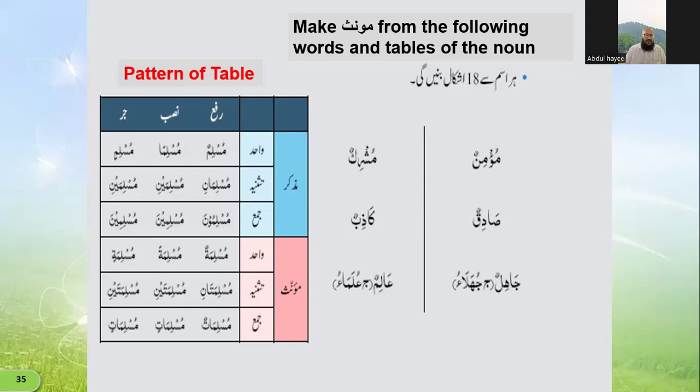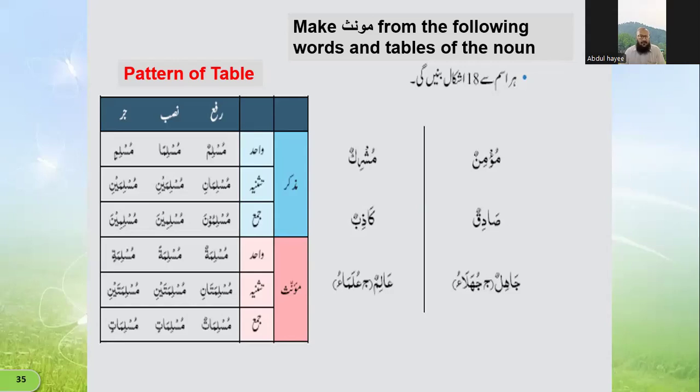Muminatun, muminatan, muminatin. Tasniya: muminatani, muminatayni. Plural: muminatun, muminatin. Same way you say kazib. Kazibun, kaziban, kazibin. Kazibani, kazibayni. Kazibuna, kazibina. What about the feminine? Kazibatun, kazibatan, kazibatin. Tasniya: kazibatani, kazibatayni.